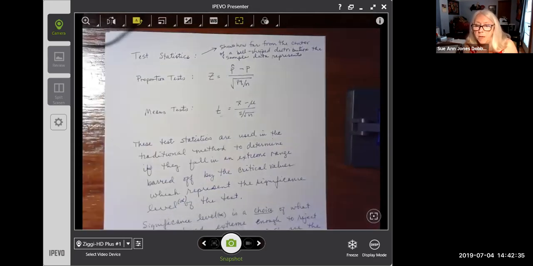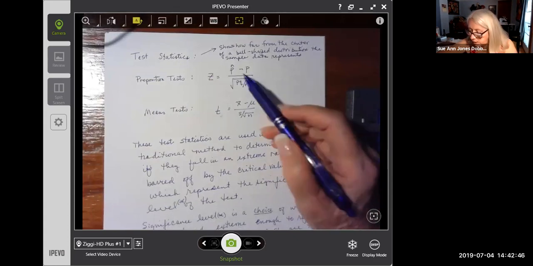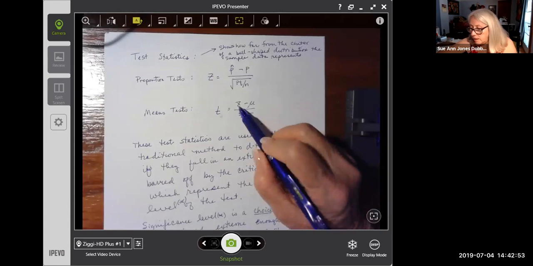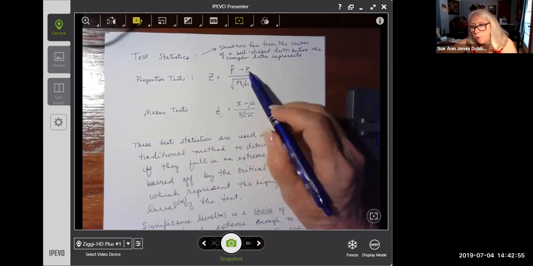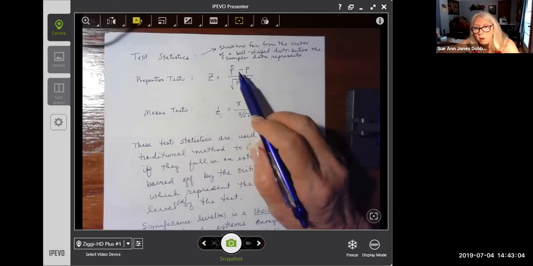Okay? So what each of the formulas for the test statistics does is make a comparison between the sample's proportion in this case, or mean in this case, and the value of the parameter in the null hypothesis. A comparison is frequently done in mathematics with subtraction.